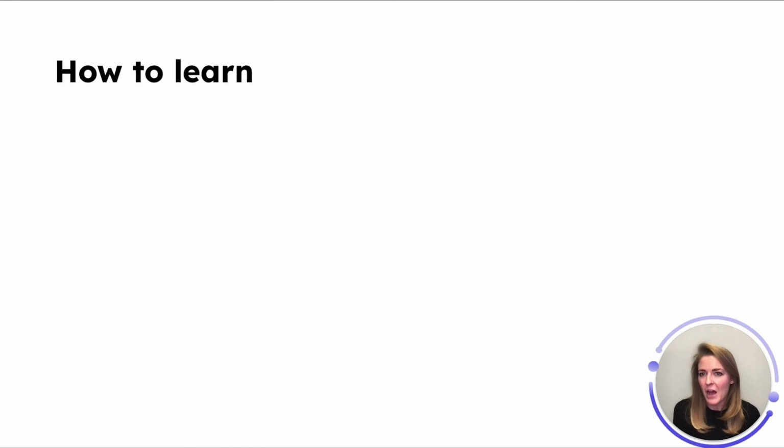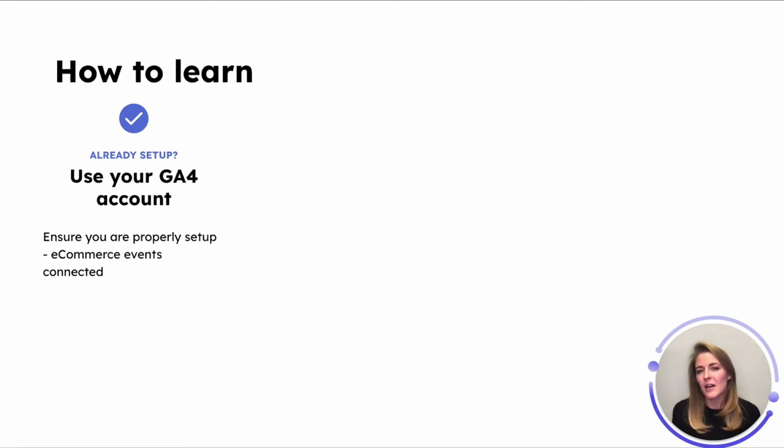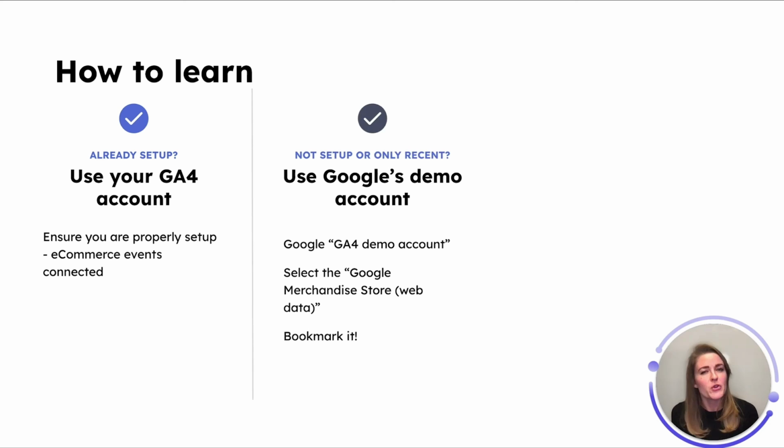A few quick notes on how to learn this course. If you're already set up, you'll be able to use your own Google Analytics account as long as you ensure that you're properly set up, and that means that you'll have your Google e-commerce events connected. And I'll explain a little bit more about what that looks like further down the course. If you're not set up or you're only recently set up, then I recommend that you use Google's demo account.